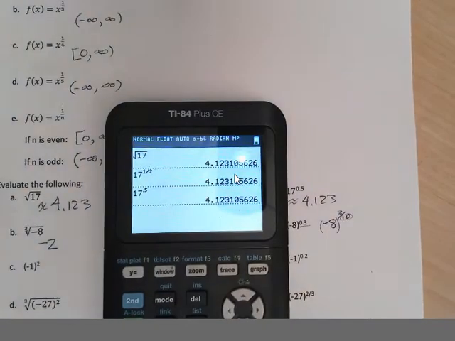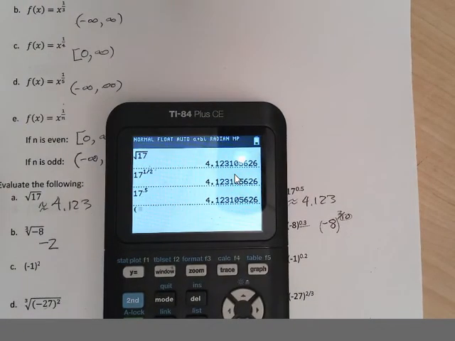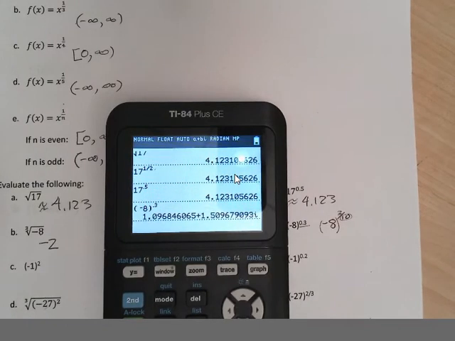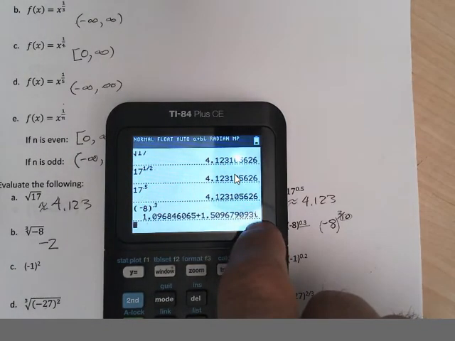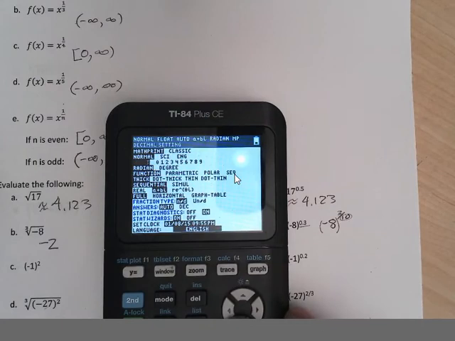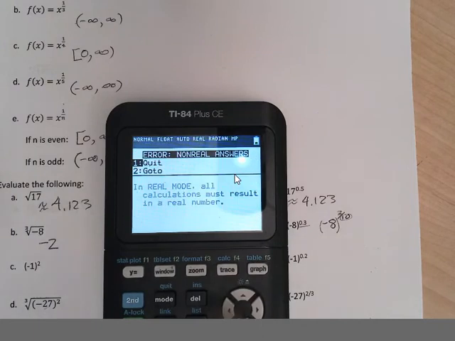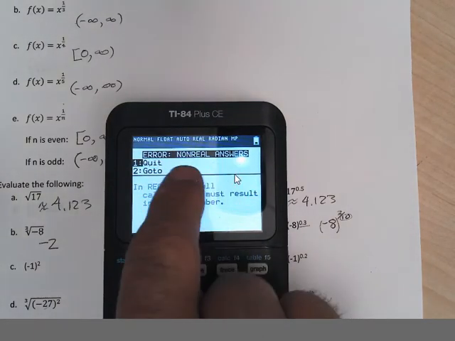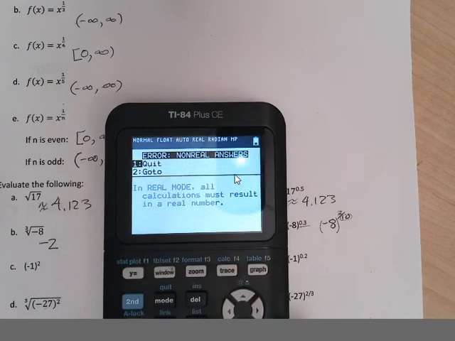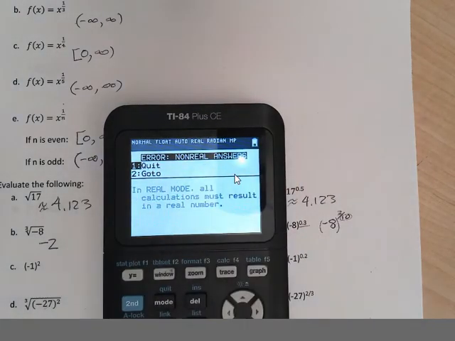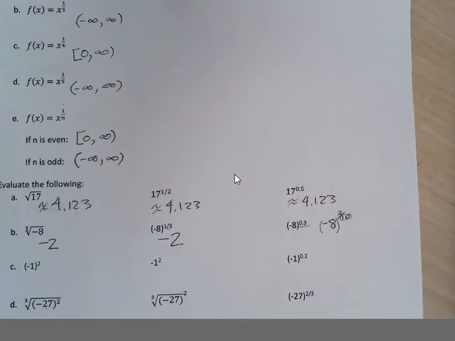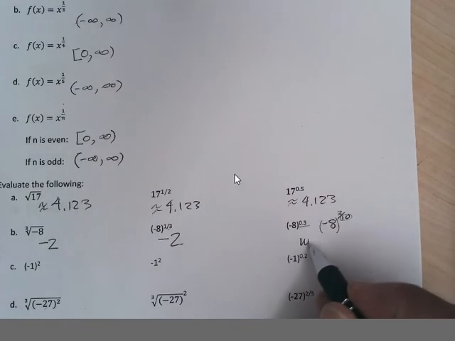If I type that into my calculator, parenthesis -8, close parenthesis, to the 0.3, it has to give me i's. Now, if my mode was not in complex but in real numbers, and I tried to do it, it would say no real answers. The answers are non-real, so it couldn't do it. Okay? So this one is undefined in the reals.